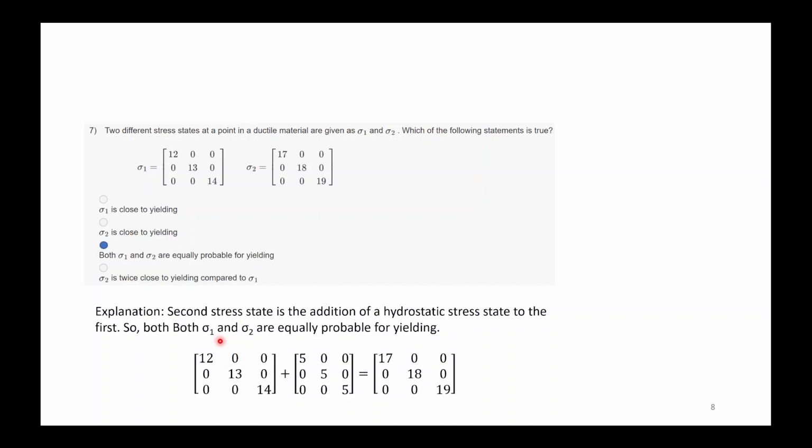The shear part of the stress is the same, 12, 13, 14, but we are just adding the hydrostatic part, which will just change the volume, it won't lead to failure of the material. Ma'am, in both matrices there is no shear component? No, there is a shear part, but in both it is the same. Oh, okay, ma'am.